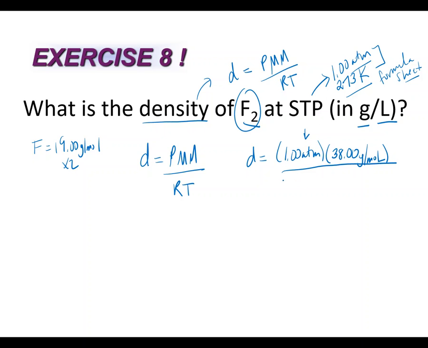So down here, this would be 0.08206. This is the liters times ATMs over moles times Kelvin. And then my temperature, 273 K, which kind of gives me my basis here. 1 ATM, 273 K, those are usually the typical values that are written on your formula sheet.